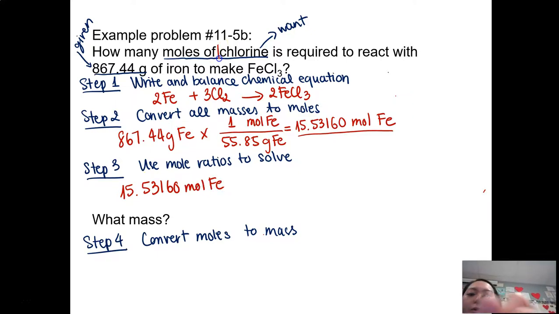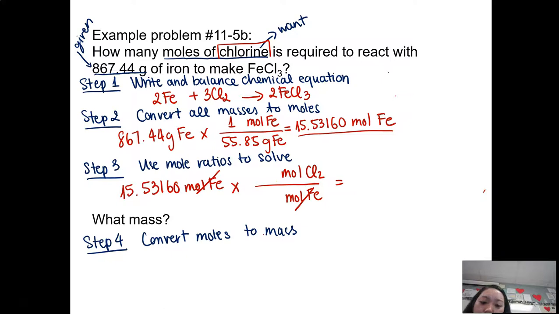Because remember, we don't want mole of oxygen, we want mole of chlorine right there. So looking at our trusty chemical equation, let's do the backbone first. The backbone is that I want mole of iron at the bottom because I want it to cancel out. And then at the top, I want mole of chlorine because that's what I want at the end.